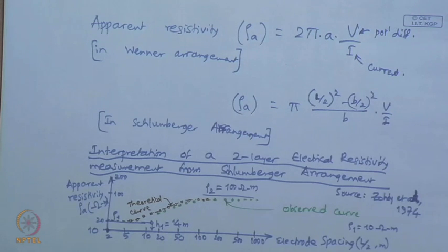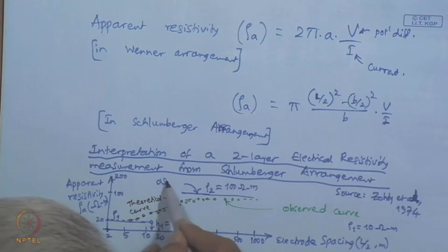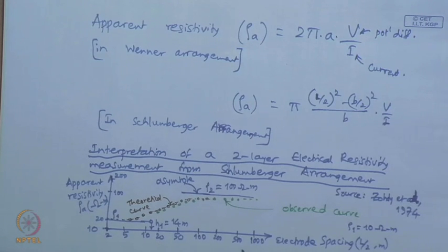And in this case, we need to match the theoretical curve and the observed curve, so that finally we get this one.